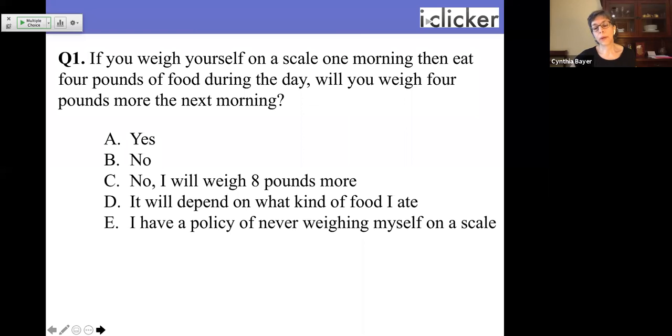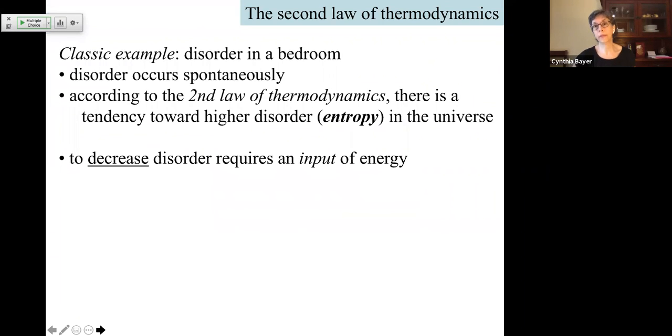So we want to be thinking about this concept of contributing to disorder of the universe as living cells, and think about how living cells are different from non-living things of the universe, and how that comports with the second law of thermodynamics.